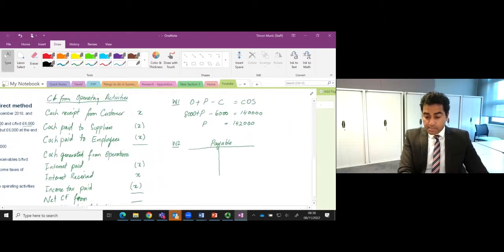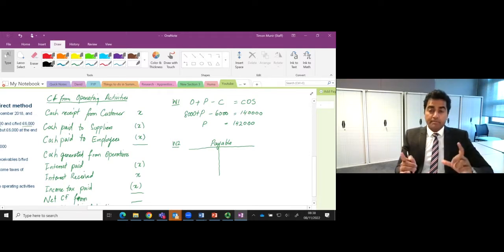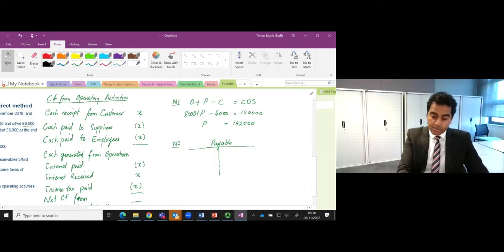Now I can record this £142,000 which I have calculated for purchases. So you need to remember your double entries. When you purchase on credit, the double entry is purchases debit and payables credit. So the payables account will be credited by 142,000, and I'm going to write purchases here.